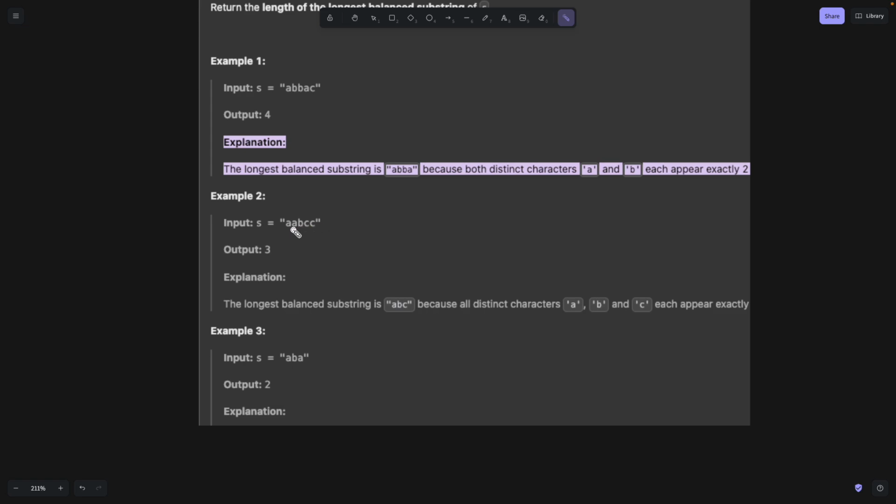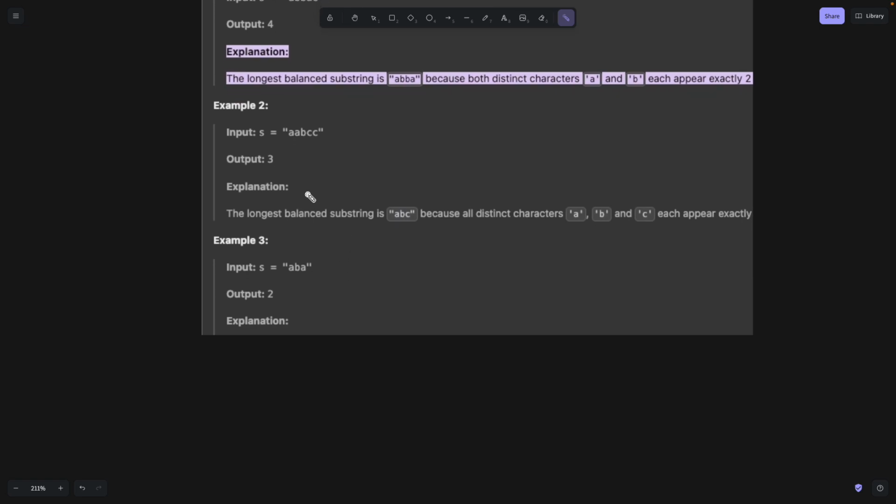If we talk about 2 distinct characters, A and B is one substring and B and C is another, but the length is 2. If we talk about 3 distinct characters, A, B, C comes as one substring which has length 3. So that's why the answer here is 3.